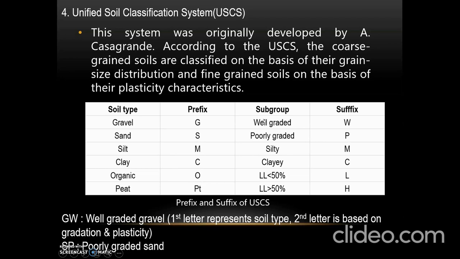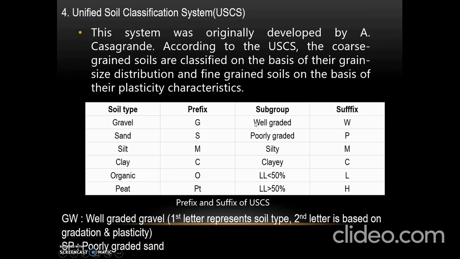And there are subgroups. Those are well graded, poorly graded, silty, clayey, and if the liquid limit is less than 50%, we will have to check out what is the suffix, and for liquid limit greater than 50%. The suffix used for well graded subgroup is W. That again is the first letter.